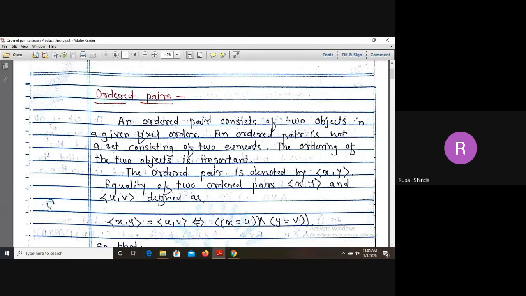In a set, we are not going to consider ordering of elements. But for an ordered pair, if the first pair is 1, 2 and the second pair is 2, 1, these two pairs are not the same.